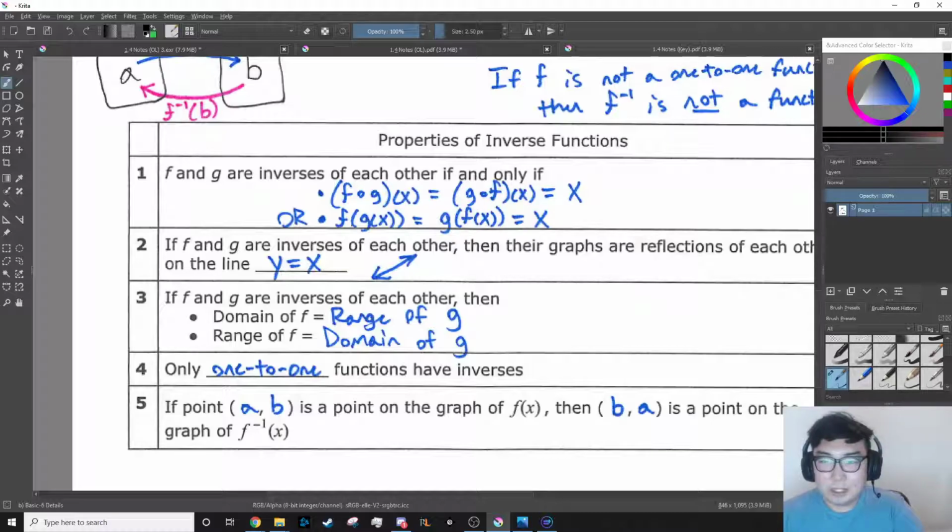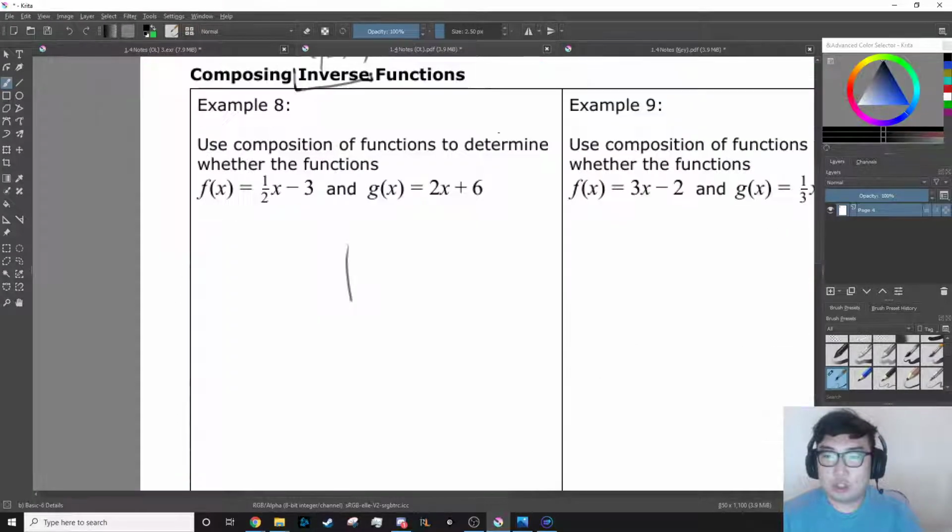So really, we need to have x's for both of them. That's why we have to do 2 parts or 2 halves of it.